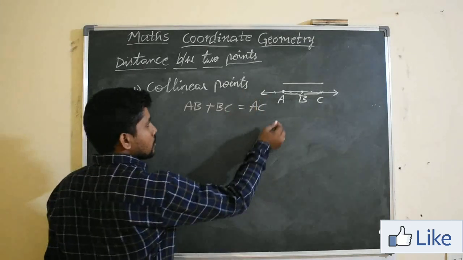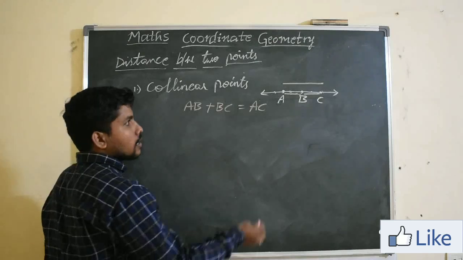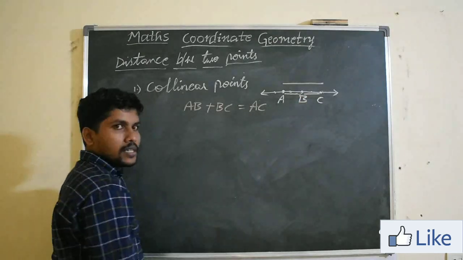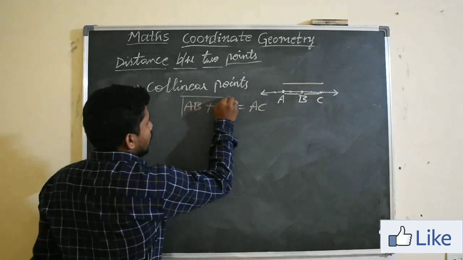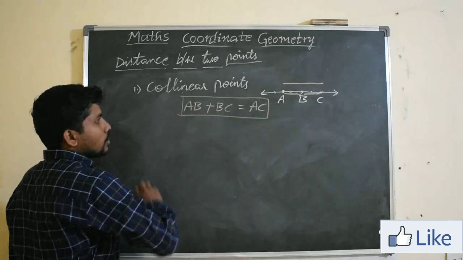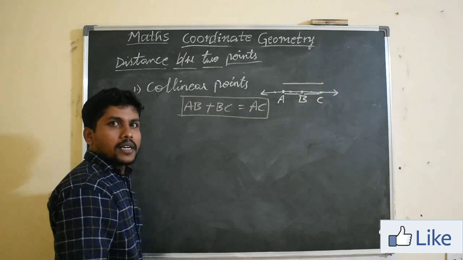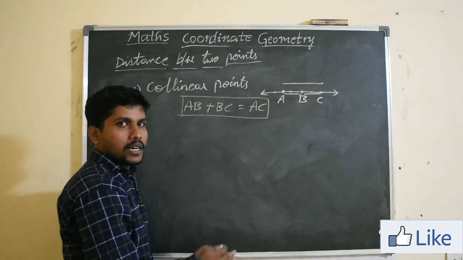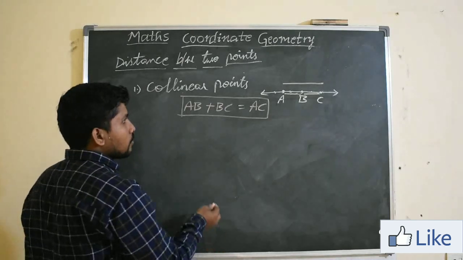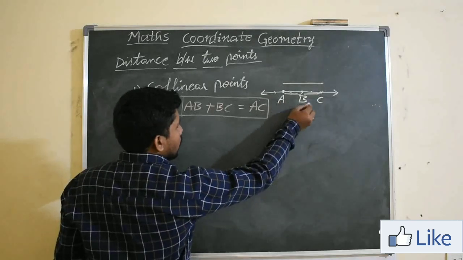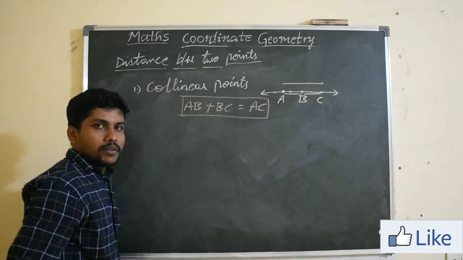As the points are given in the order A, B, C, the condition will be AB plus BC is equal to AC. If the points are not in any stated order, then we can identify by taking the distances between the points.